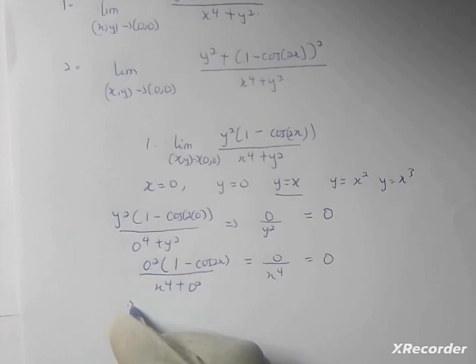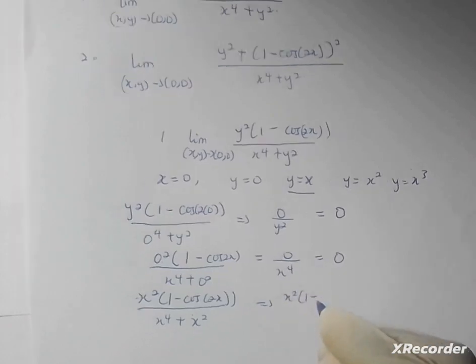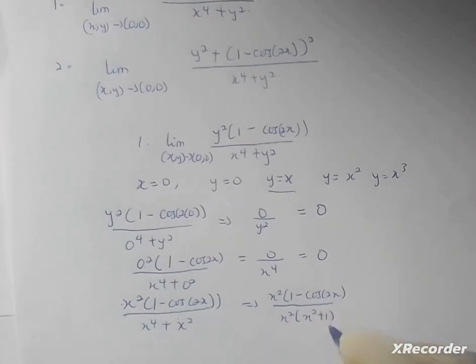I'm going to get x squared multiplying 1 minus cos 2x all over x to the power 4 plus my y squared. I'm going to put x there, so I'm going to get x squared. So once I get this, I can still break it down and I'm going to get x squared times 1 minus cos 2x all over, I factorize x squared out, I'm going to get x squared plus 1.